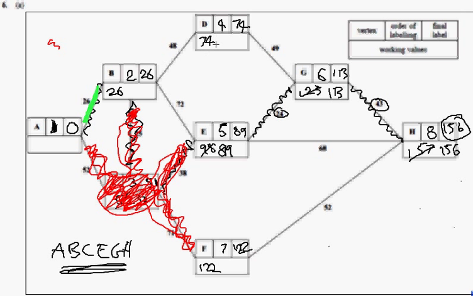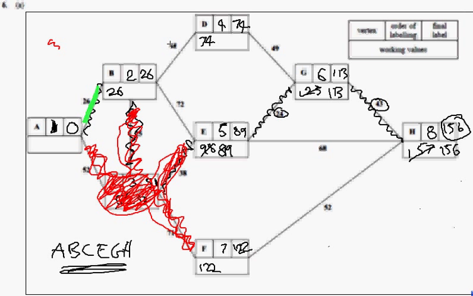So it could be that we go up here and down here and then along here, so that's one possibility. Or it could be that we go down here, up here and down here, so that's the second possibility. It could be that we go down to E, straight along to H. So there are 3 possibilities we need to check. Let's just check them.